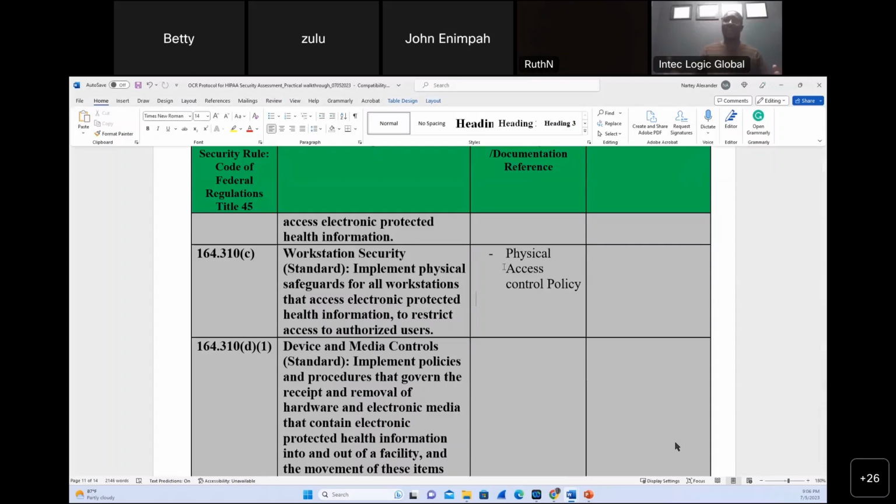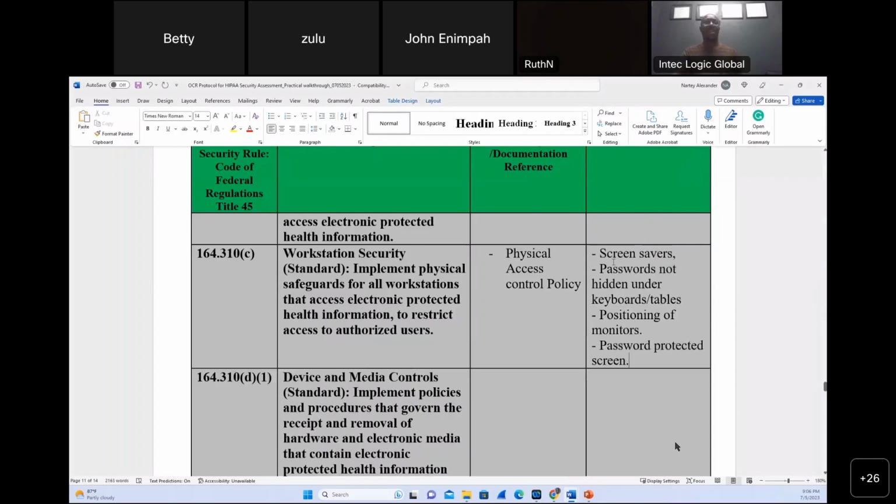So when we are doing a walkthrough, what do we want to see? Workstation security, right? We want to see that there are screensavers. Do they have screensavers on the monitors? Have the monitors been positioned in a way that when you are standing at the counter, you will not see what they are doing? You will not be able to see PHI, right? The printers, where have they placed them? The fax machines, are they in a secure room?